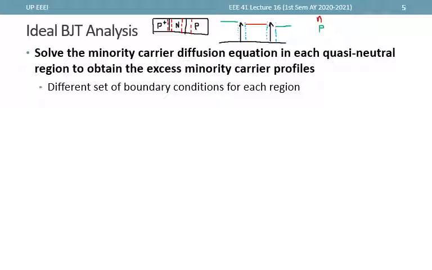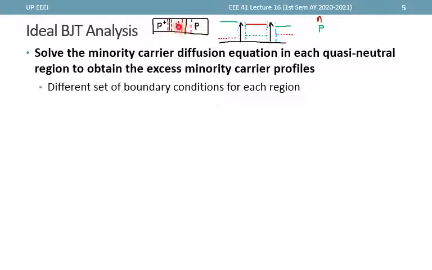Now we can compute the equilibrium carrier concentrations based on these values, and say we assume that both junctions are forward biased.